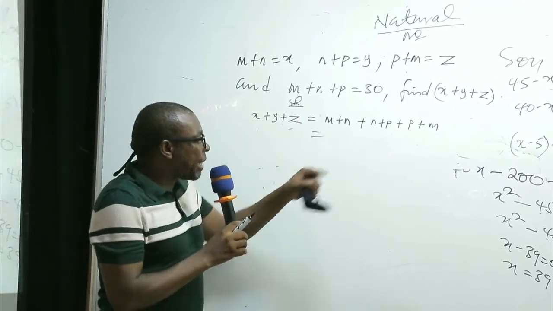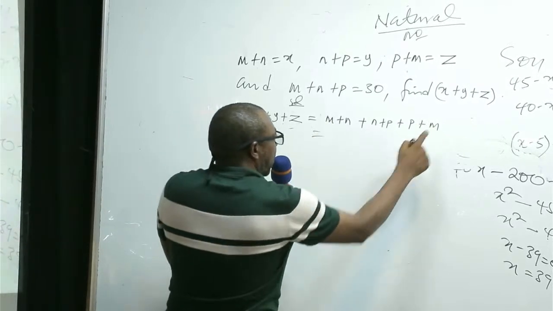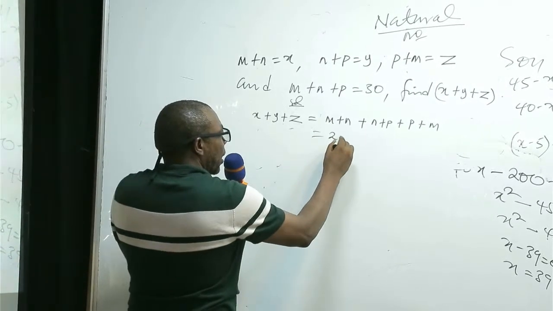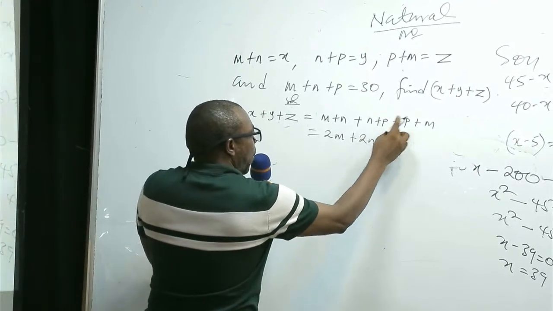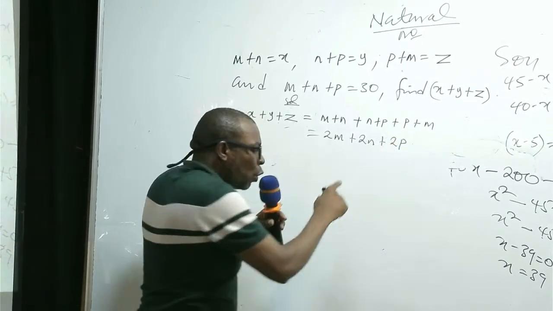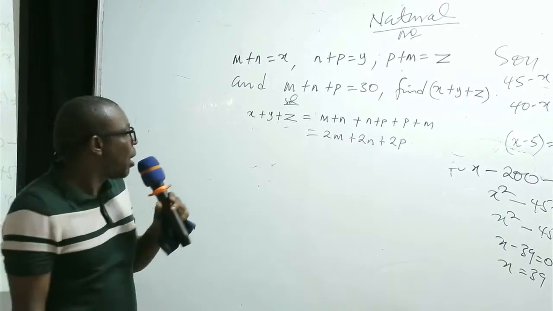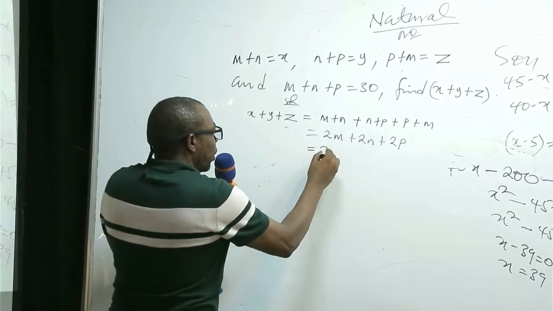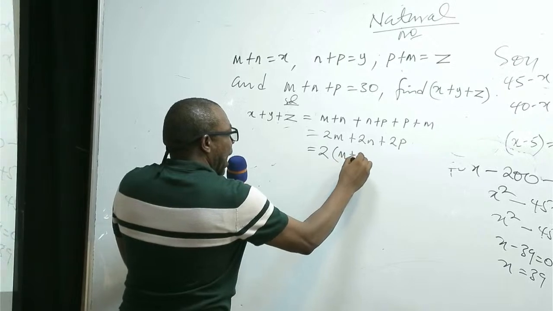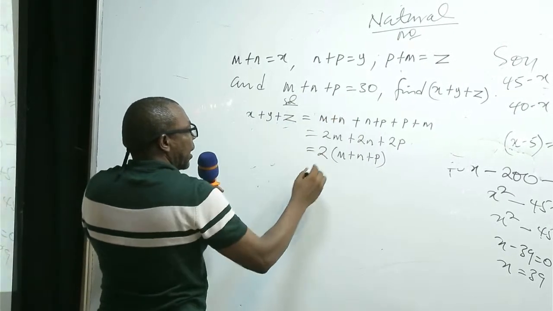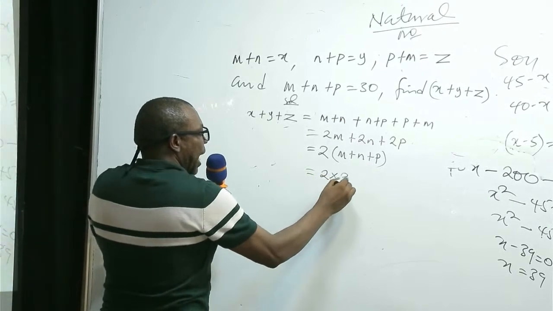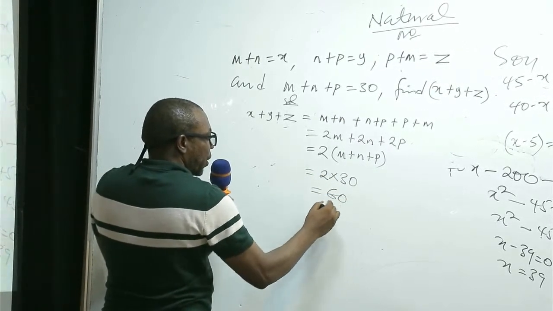Now add and let's go. m plus m gives me what? 2m. n plus n, p plus p. Did you notice that something is common? What is common? Remove 2: m plus n plus p. Now who is m plus n plus p? Which is 2 times 30, and which is 60.